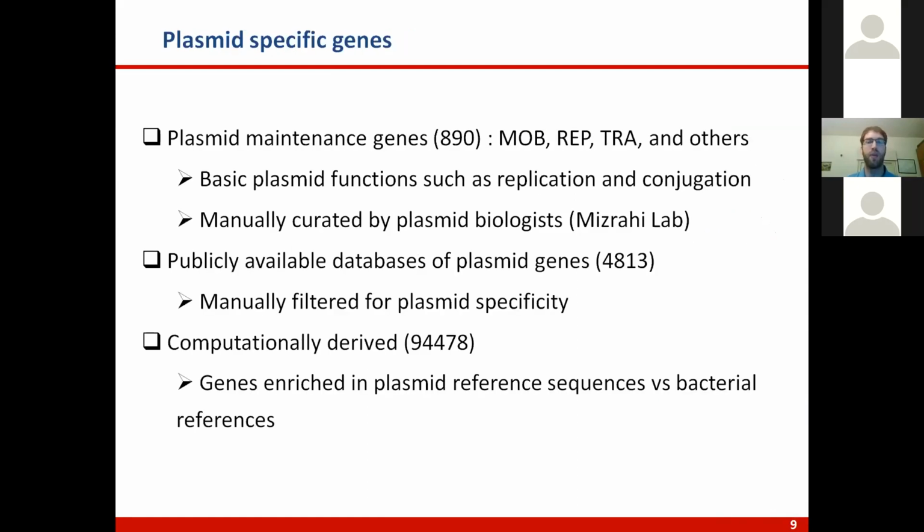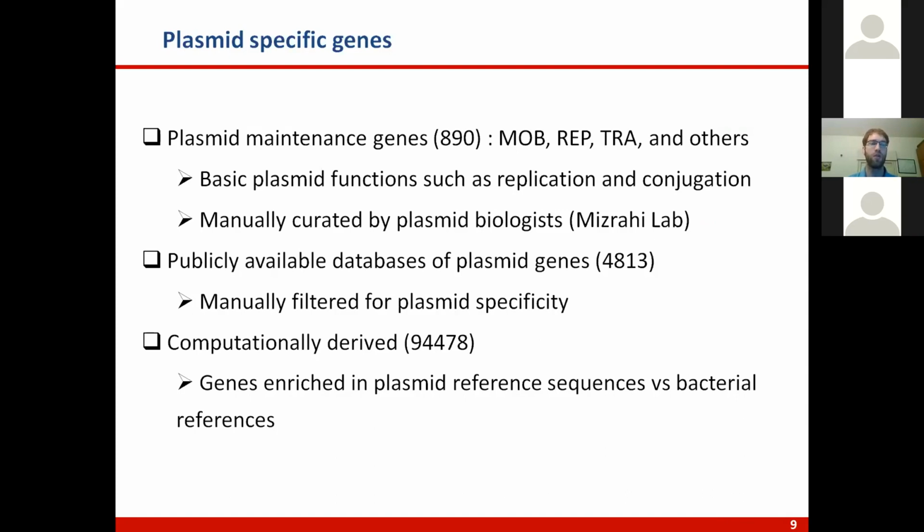So I've mentioned these plasmid-specific genes. They come from a number of different sources. First of all, we have almost 900 genes which were manually selected by plasmid experts from our collaborators. And these are genes that encode plasmid-specific functions such as replication or conjugation and mobilization of plasmids between cells. We then have almost 5,000 genes, which again were manually curated from publicly available plasmid gene databases.